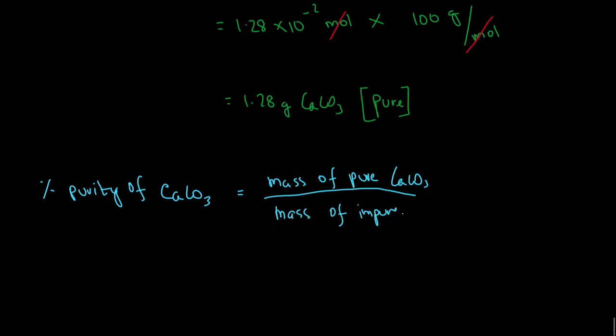Impure sample is the whole thing, right? Don't confuse it with just the mass of impurities. No, this is not the mass of impurities. This is the mass of the impurities as well as the calcium carbonate. That's why I'm calling it the impure sample, right? Times 100%.